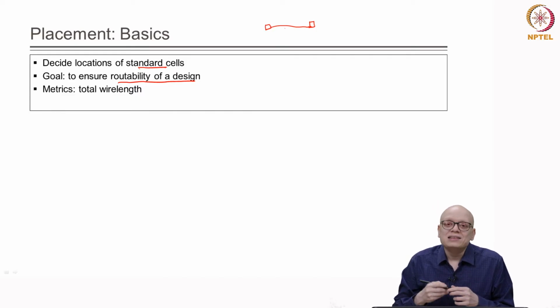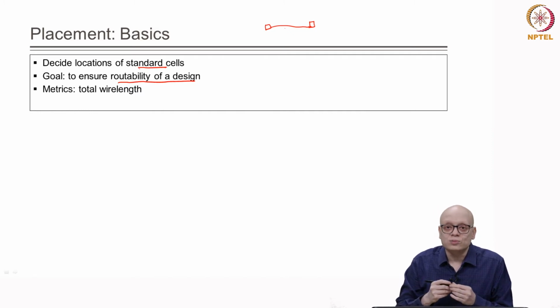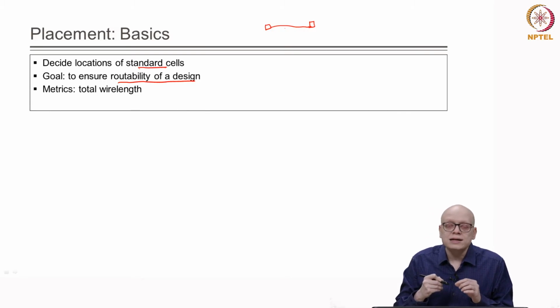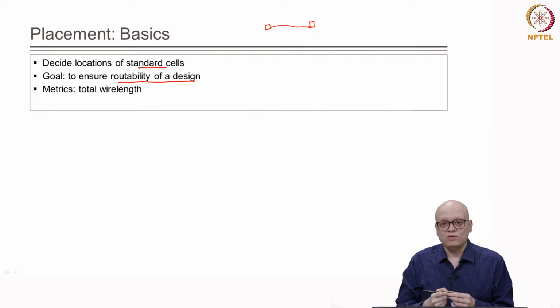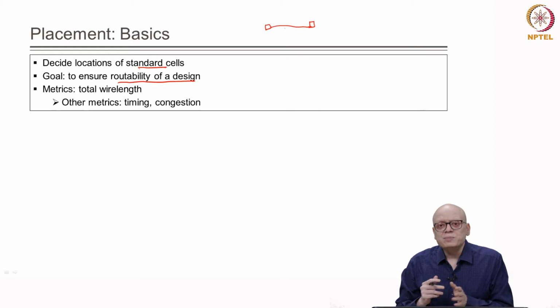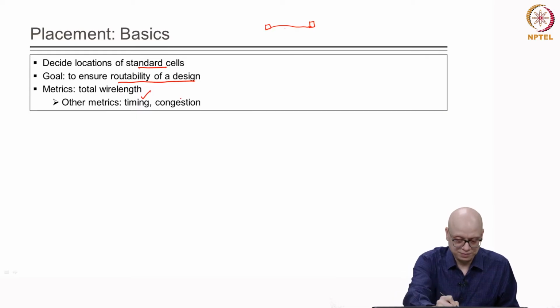And that is why the metric on which the placement works is primarily the total wire length of our design, right. And there are other metrics also that are considered in placement, for example, timing, right, and congestion, right.